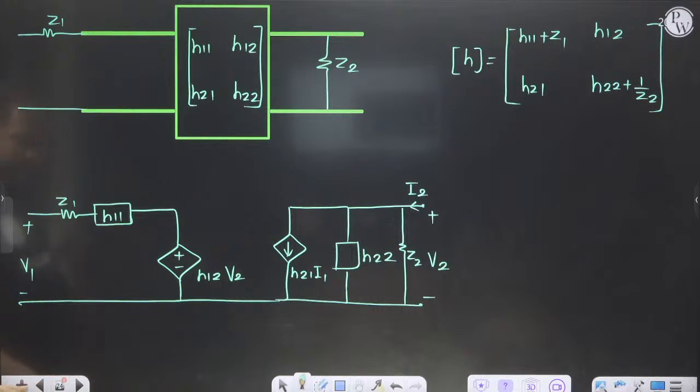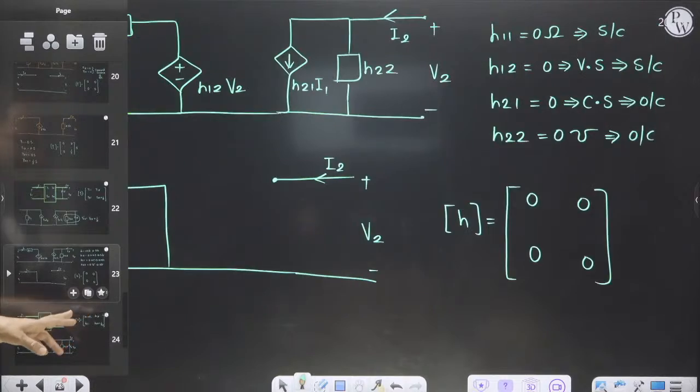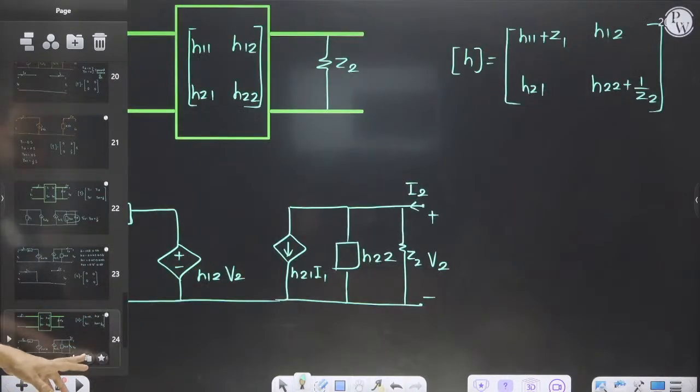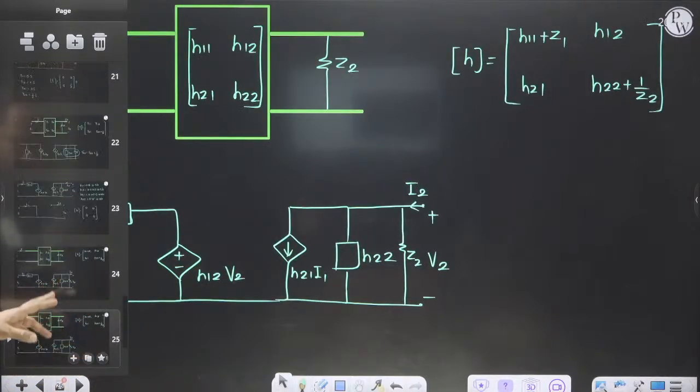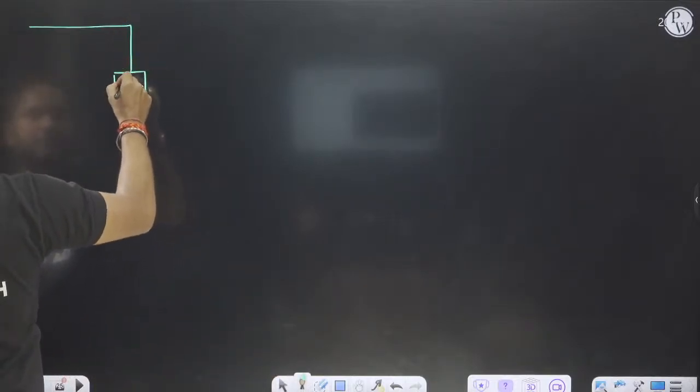Then we have the G parameter like that also. In case of the G parameter, there is a parallel series condition.